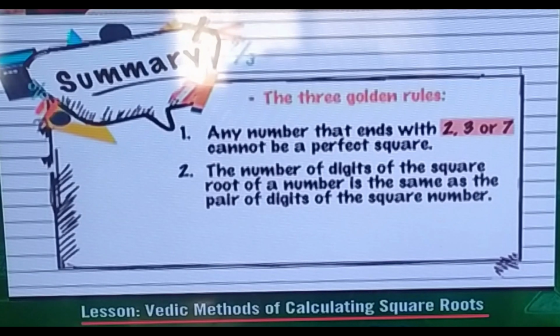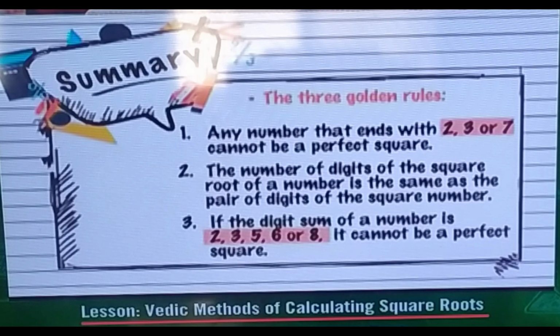Number 2, the number of digits of the square root of a number is the same as the pair of digits of the square number. Number 3, if the digit sum of a number is 2, 3, 5, 6 or 8, it cannot be a perfect square.